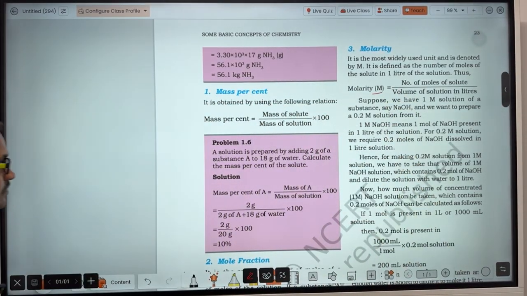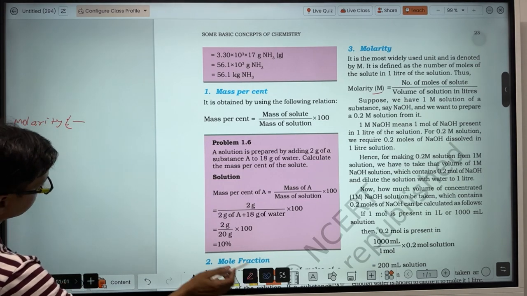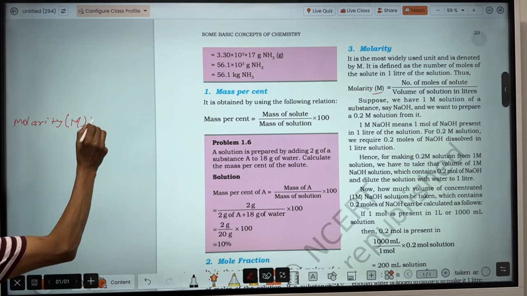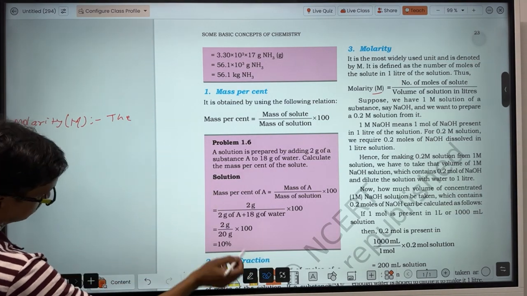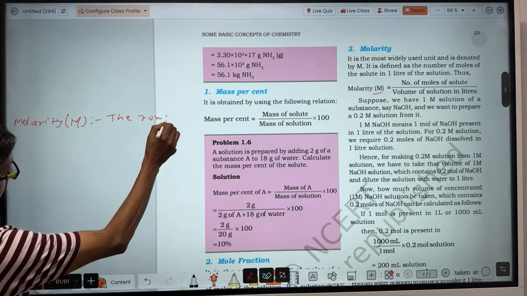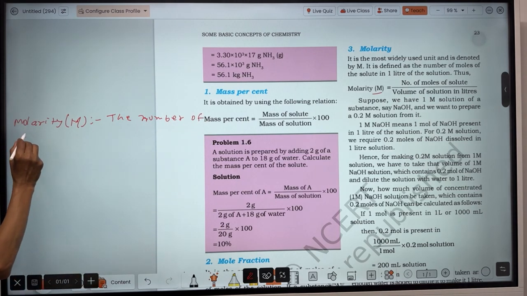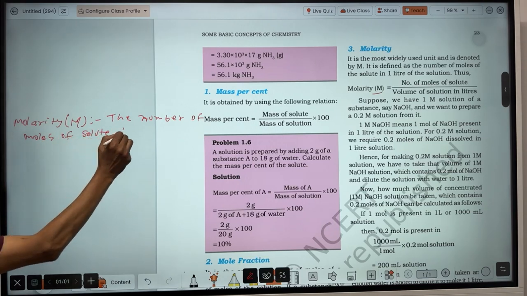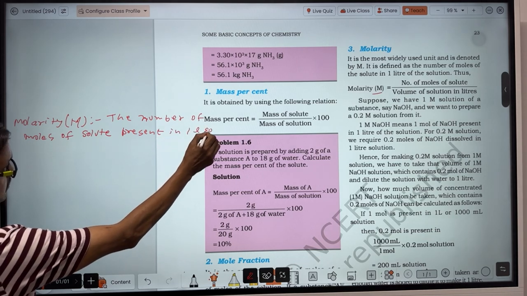So here is the definition I am writing: molarity, indicated by capital M, is the number of moles of solute present in 1 liter of solution.